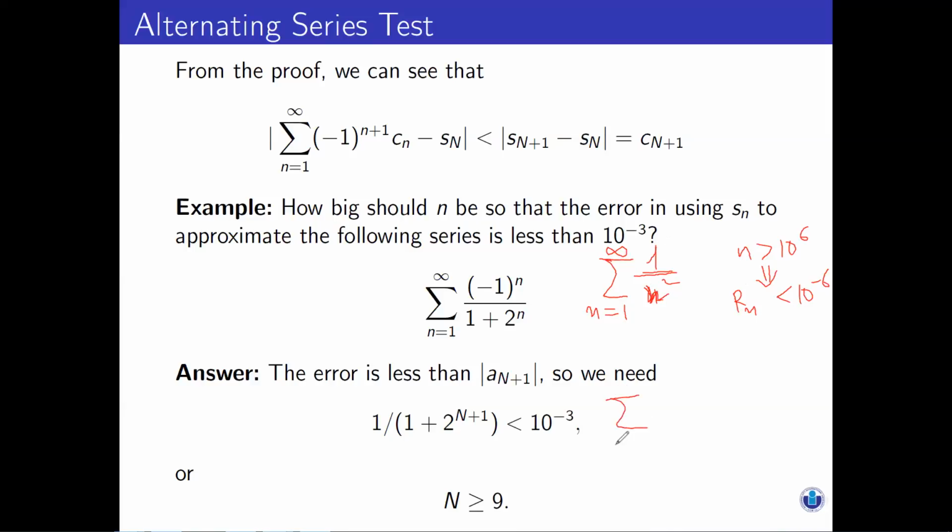Now for this series, the alternating version of this one, how big should n be so that you have this less than 10 to the power minus 6? So please try this.